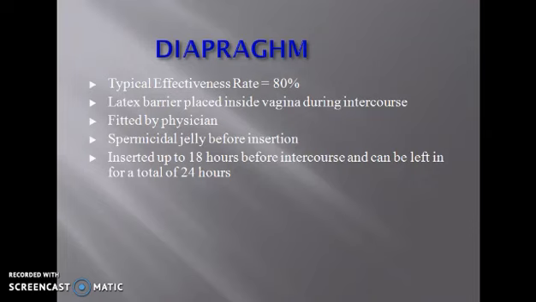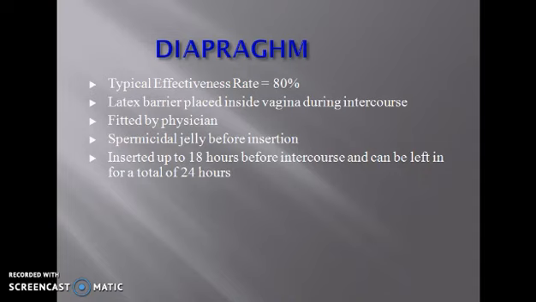Diaphragm, typical effectiveness of diaphragm is 80%, and there is a latex barrier placed inside the vagina during intercourse, and this needs to be fitted by a physician. Spermicide jelly before insertion.